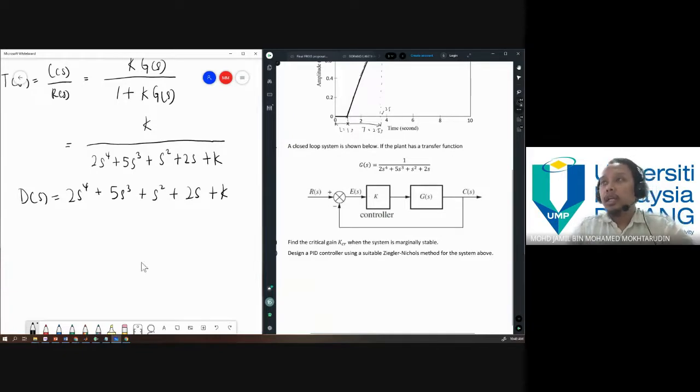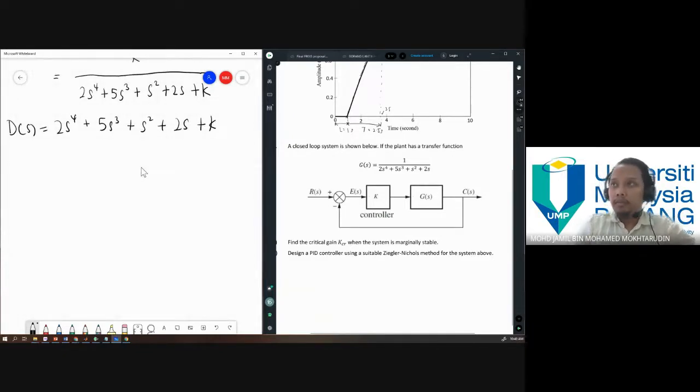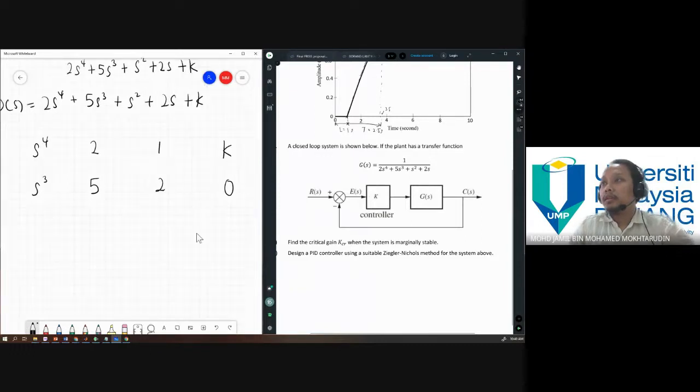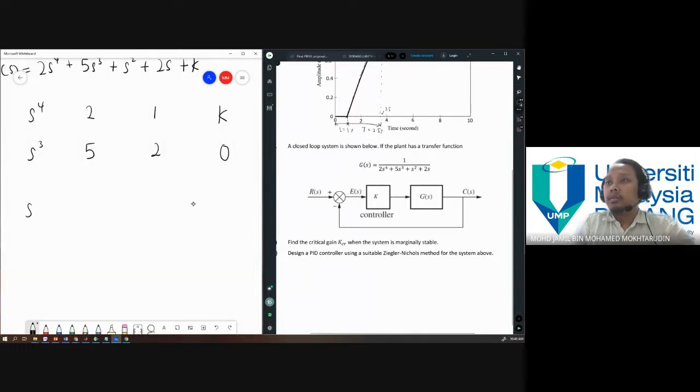And then we can generate the Routh table. So start with s^4 followed by s^3, and then arrange the coefficients alternatingly. And then find s^2. So 4 minus 5, minus 1 times 1 times minus over 5. So you get 1 over 5.